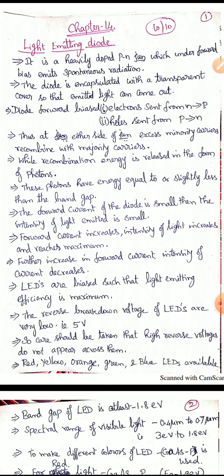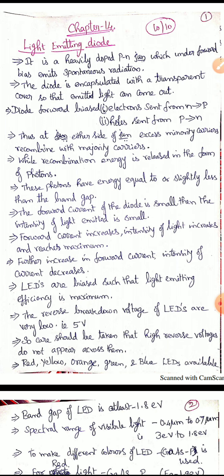After reaching the maximum, if the forward current is increased further, the intensity will decrease. So, LEDs are biased such that the light emitting efficiency will be maximum.